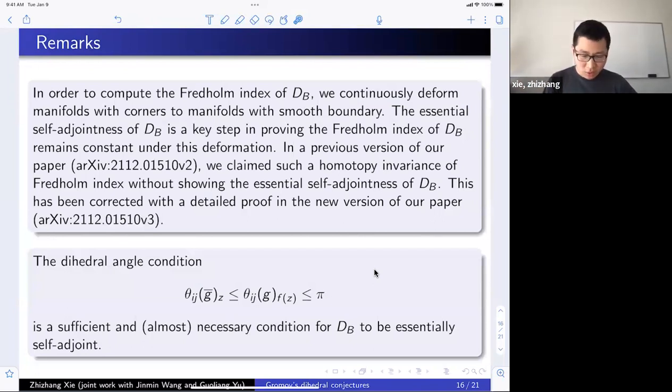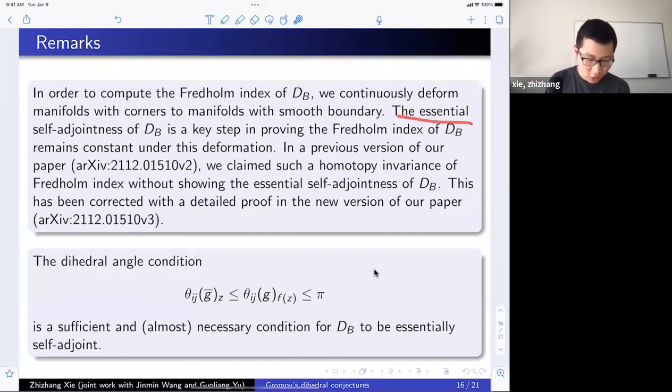It's relatively easy to see that once you are in the smooth boundary case, the index computation is classical. So the key part is, how do you deform the manifold with corners to a manifold with smooth boundary while still keeping the index the same?